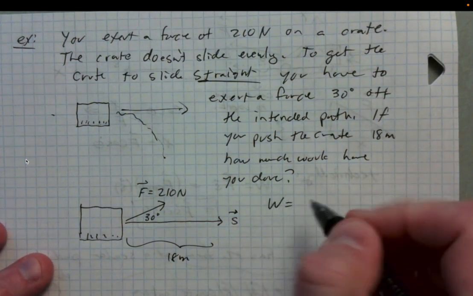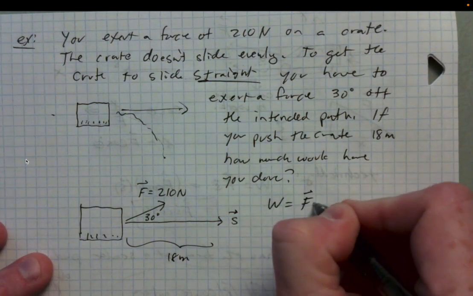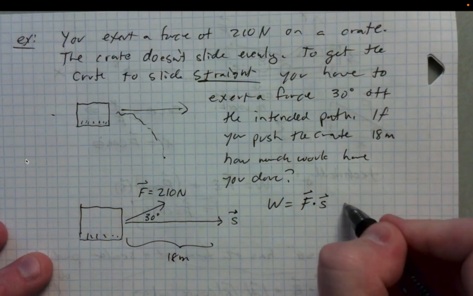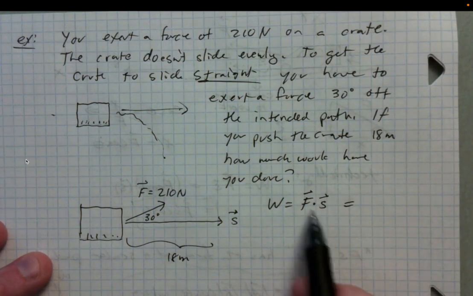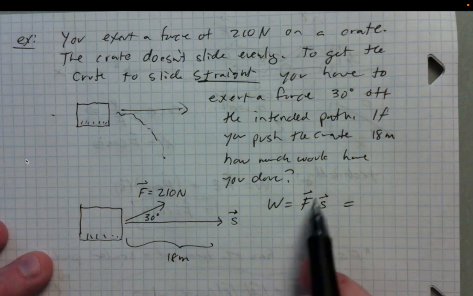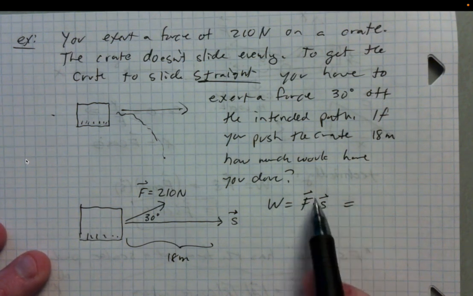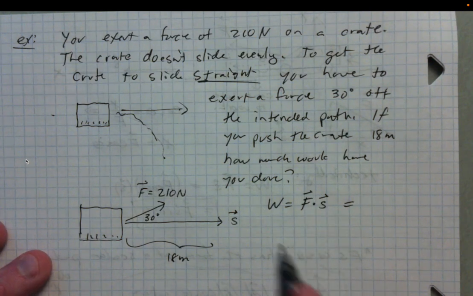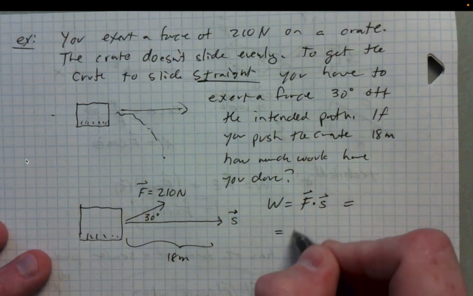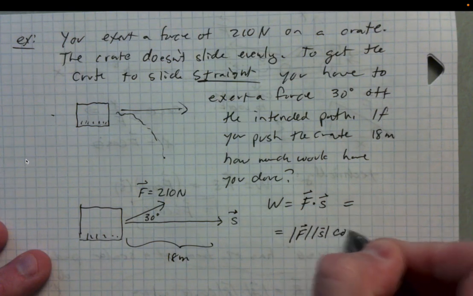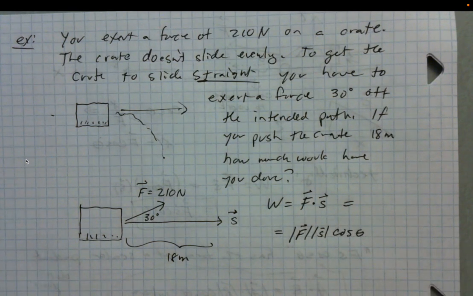So what is the work? Well, the work is F dot S, which we know is the dot product, the scalar product. There are two different ways to represent it. You could think of it as the dot product if you're thinking of these as vectors, but if you're thinking of these as just magnitudes, you can also do something like this: the magnitude of F times the magnitude of S times the cosine of the angle between them.